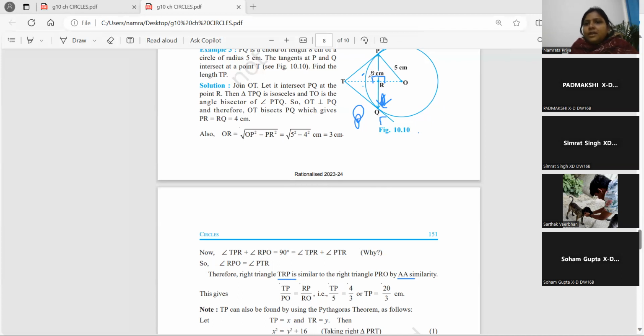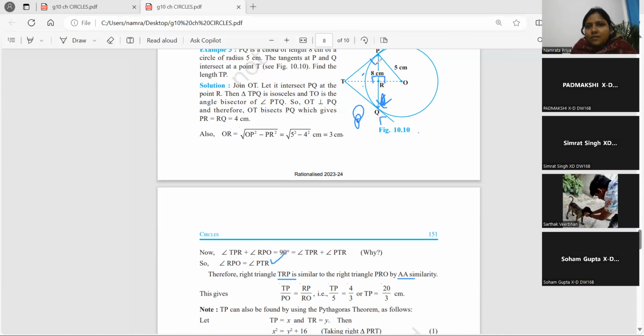We are already done with the congruency of these two triangles. Now we are taking similarity of the two triangles. Which two triangles? PRT and PRO. We are taking these two. So here we have got 90 degrees, here also 90 degrees. And moreover, we have just proved these two angles RPO, RPO.